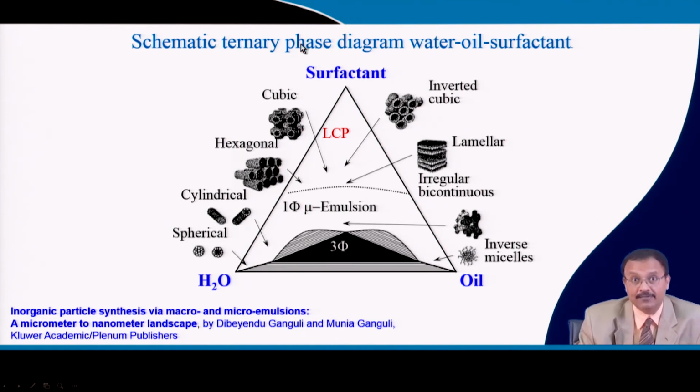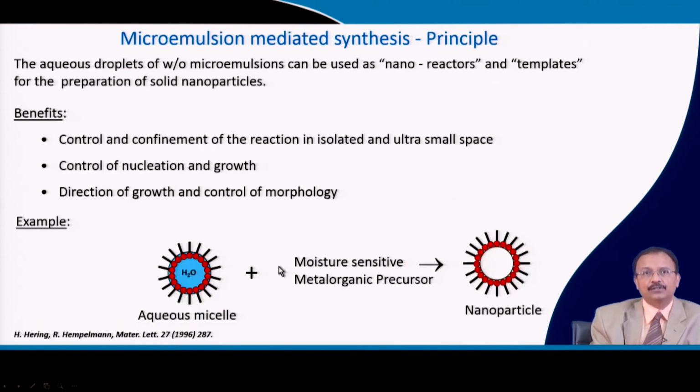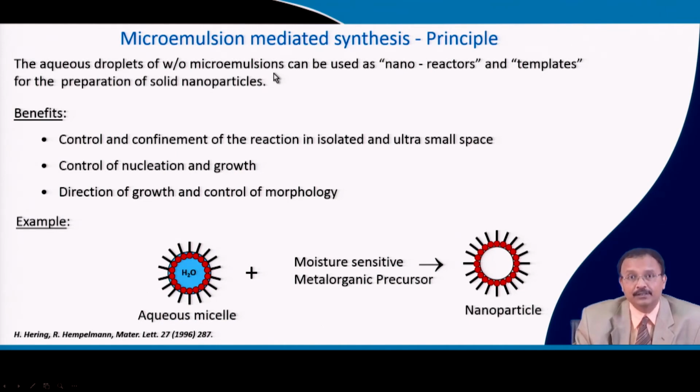And there is a nice phase diagram that is available. If you change the relative content of these constituents, then you can make different types of shapes of either oil and water inside the respective matrix. So, this concept was used, this microemulsion mediated synthesis.